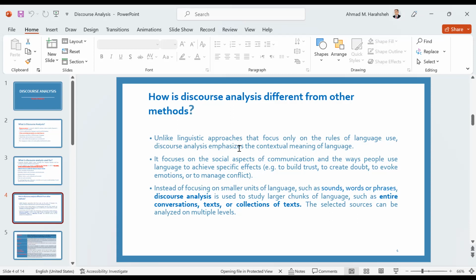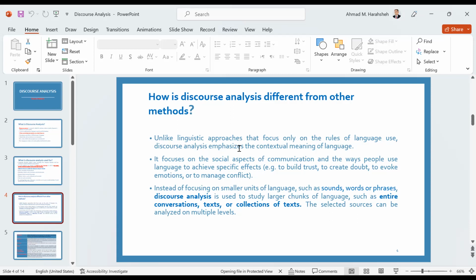Without understanding the contextual meaning, you cannot provide a correct explanation for a certain situation. Okay. Last time I gave you an example.